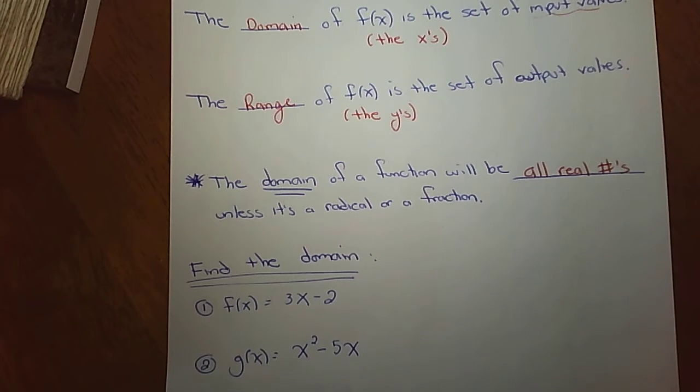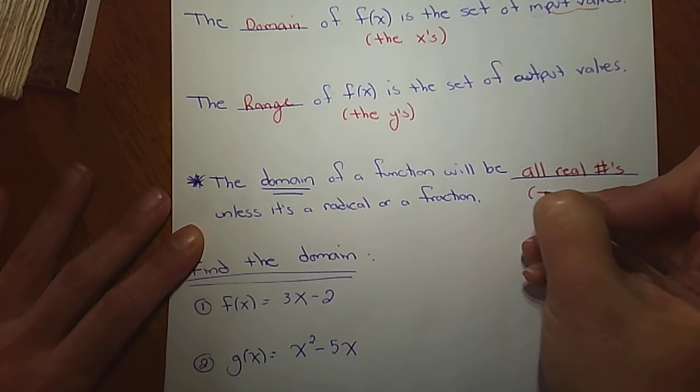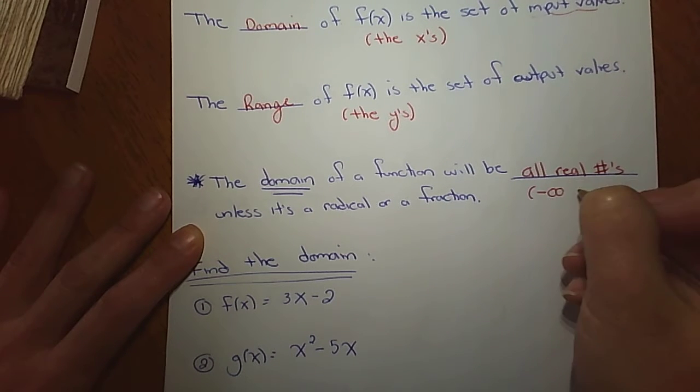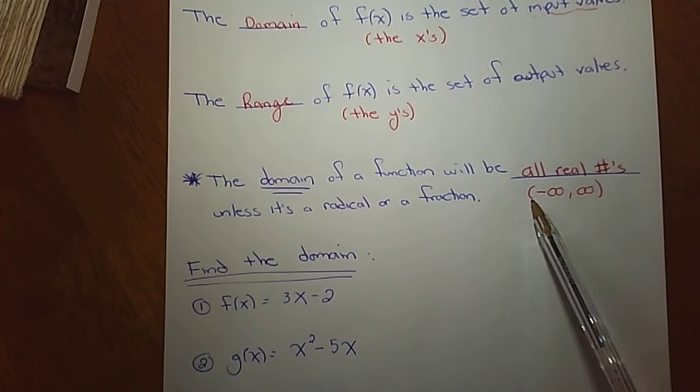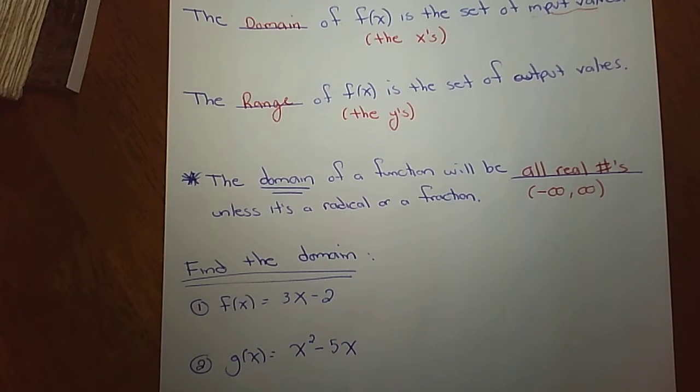Now, this year, when you give me domain and range answers, we're going to use something called interval notation. And the interval notation for all real numbers would be negative infinity to positive infinity. And we're going to use soft brackets because you can never reach infinity.